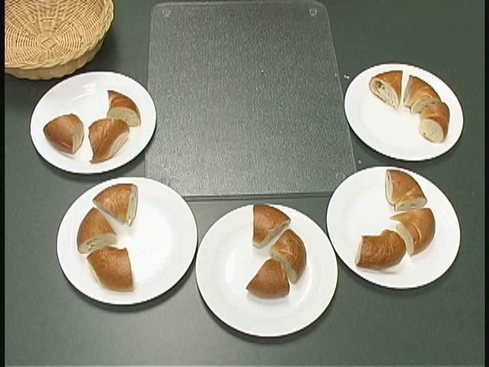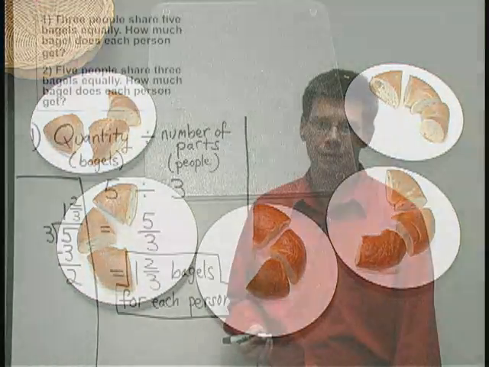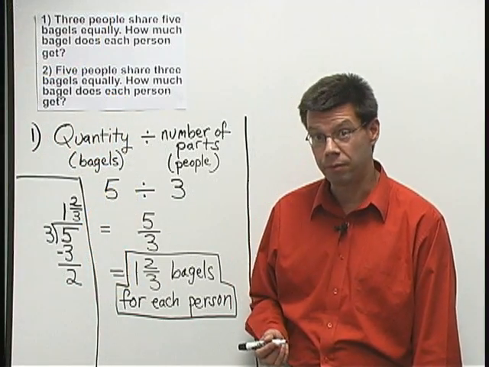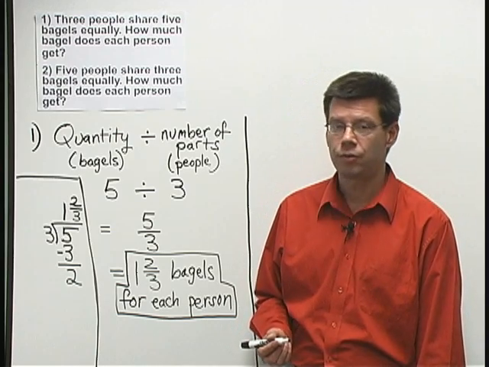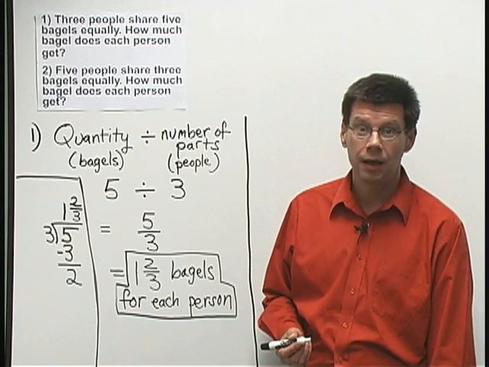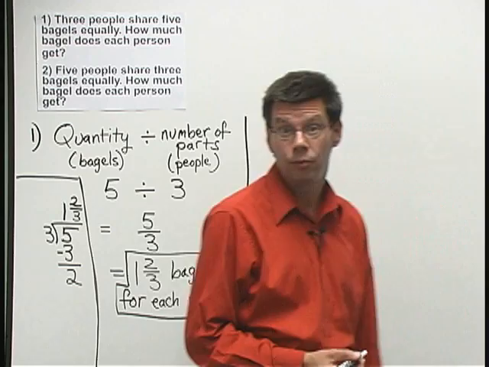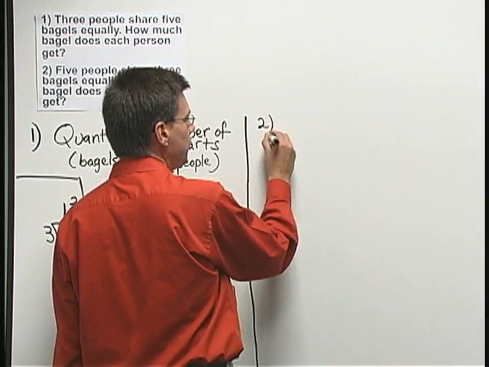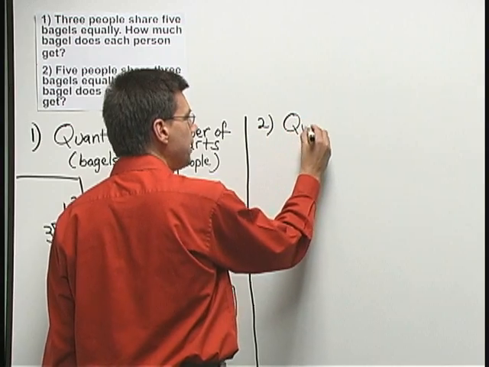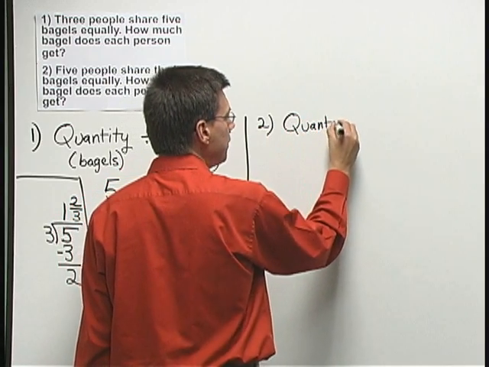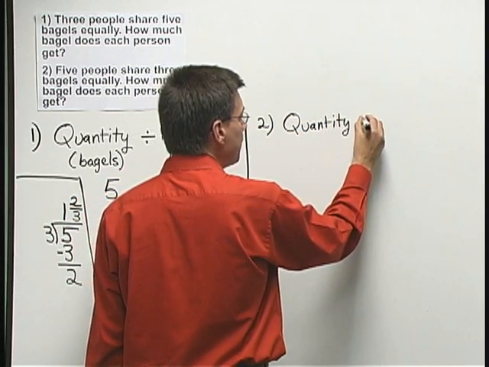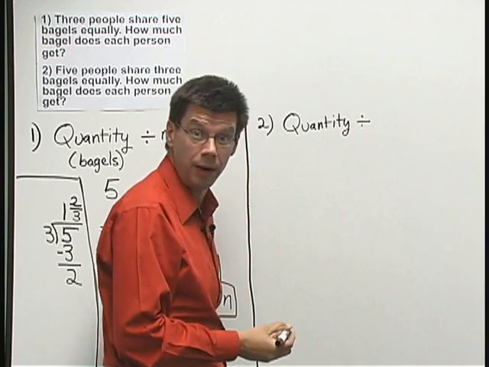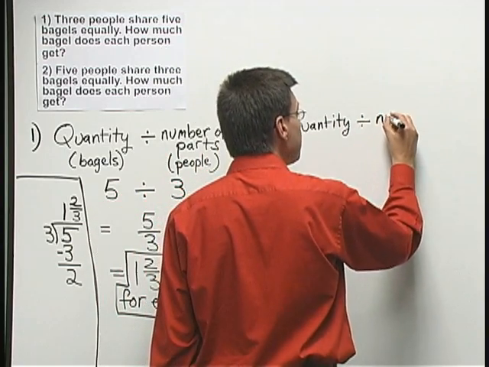Let's go back to the whiteboard now. The second problem is another situation where we're taking a quantity and we're separating it into equal parts. So to do the math for number 2, we would want to take our quantity and once again divide by the number of parts.